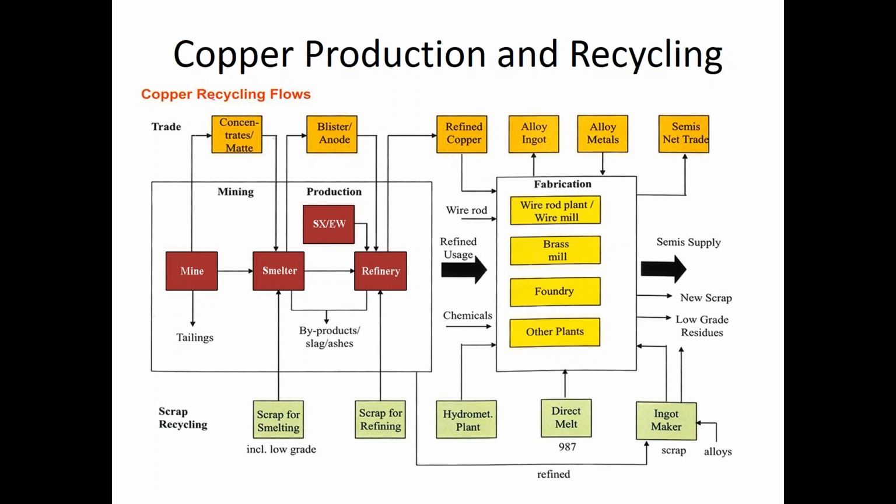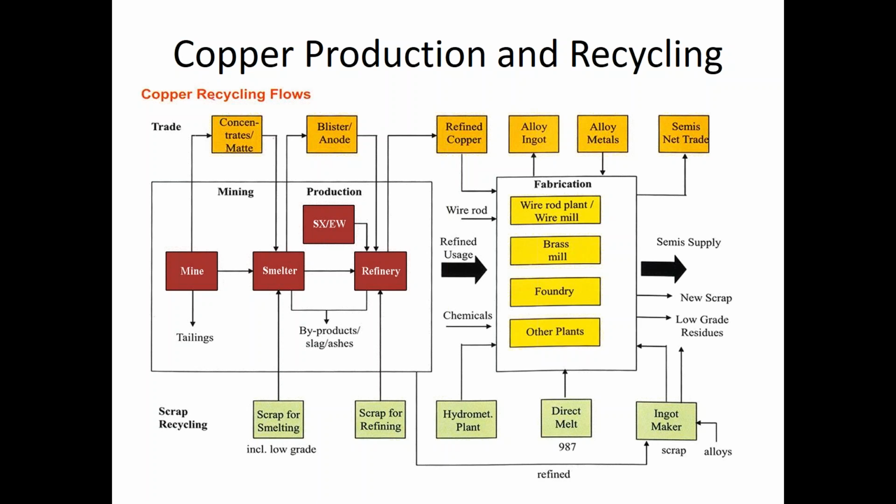Refined copper then goes into a variety of applications. They're all in yellow. You go to a wire rod plant or a wire mill. You go to a brass mill or a copper mill. You go to a foundry. Other plants like tube, sheet, strip, or specialty casting and drawing operations.